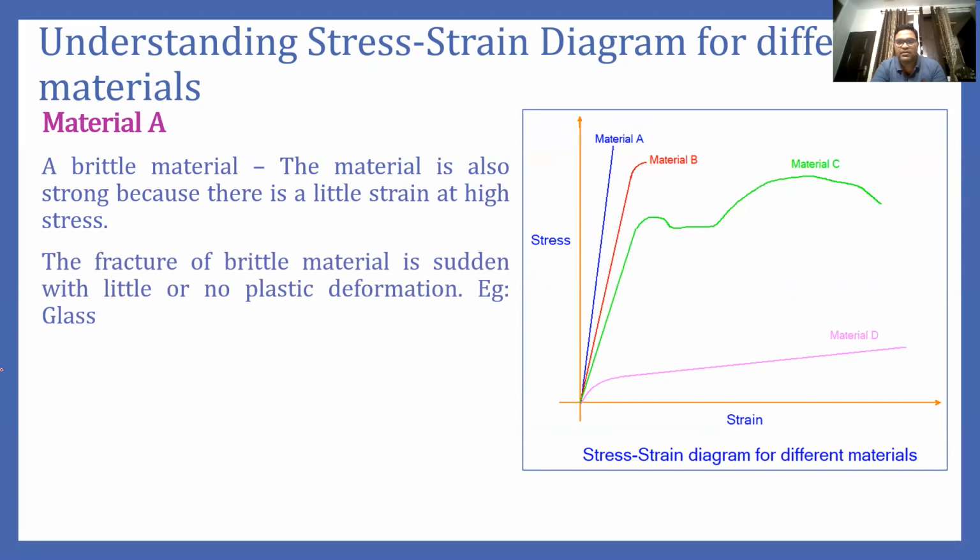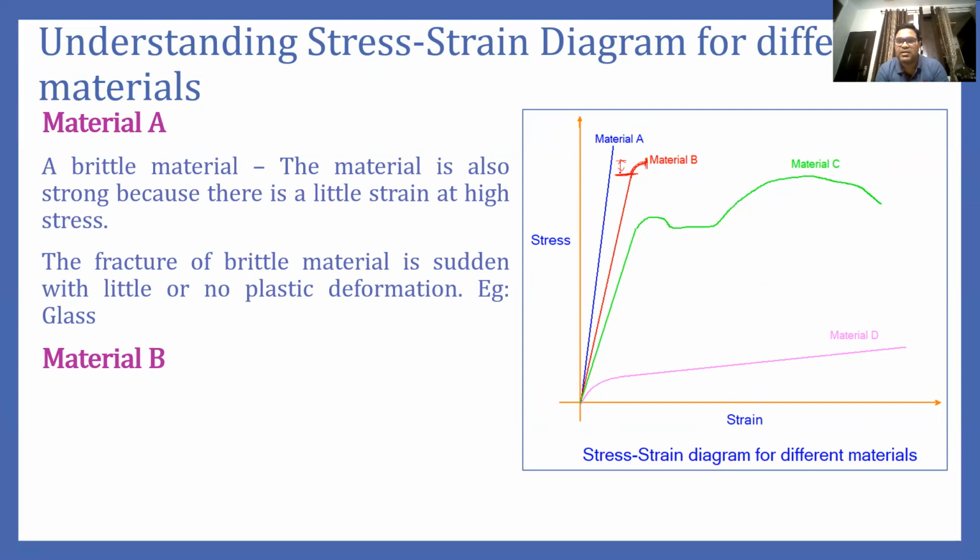Similarly, let us take another example, material B. In material B, you can see up to this point, it is showing that stress is proportional to strain. And when we further increase the stress up to this point, it is curved. It means it will deform very slightly, and after that it will break.